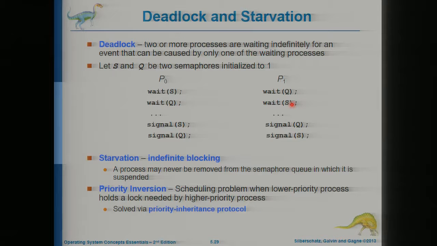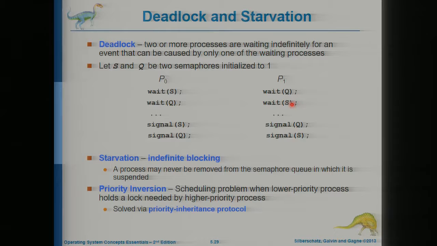So in this case, if the process of lower priority has entered the critical section by getting a semaphore, it has gone into block because there is a higher process. It has been removed from the CPU because a higher process has come into execution. But this higher process is waiting for this lower process to signal.